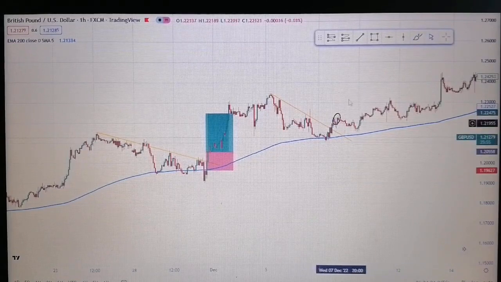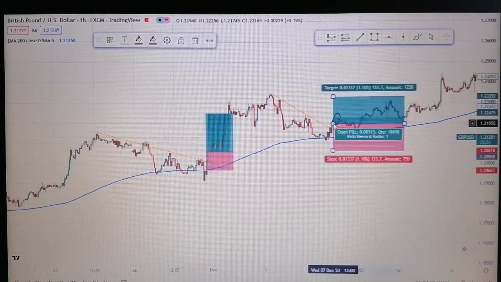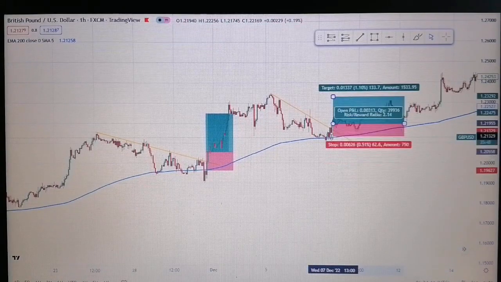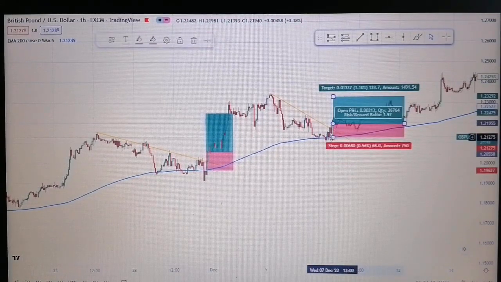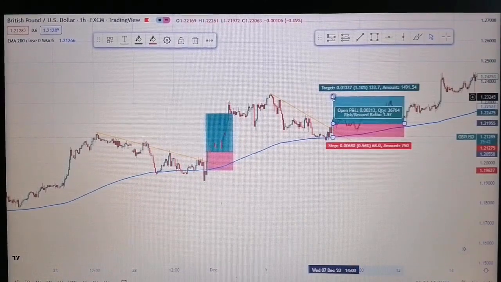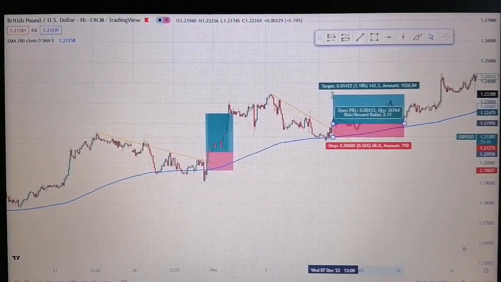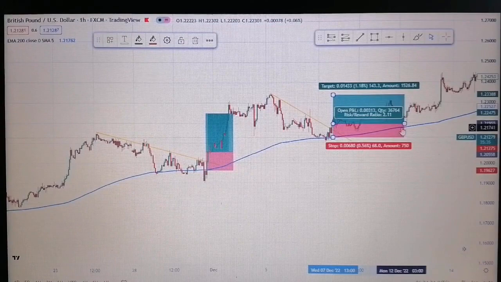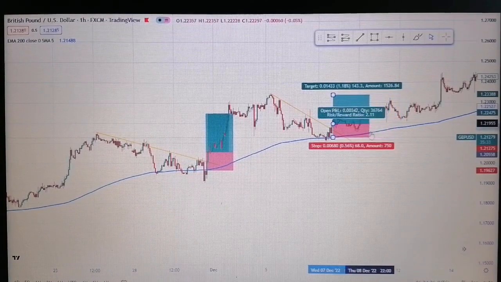You can do this on any time frame, and you can take your buy right here where price closed in a full candle. You put your stop loss at the 200 moving average, and you take profit of 1:2. That's your other trade.